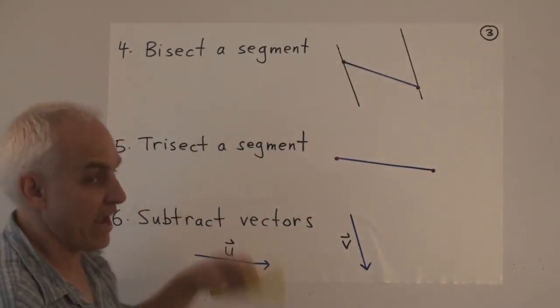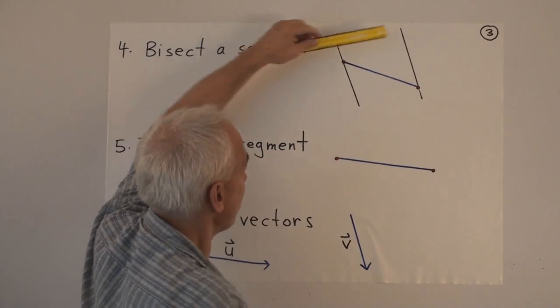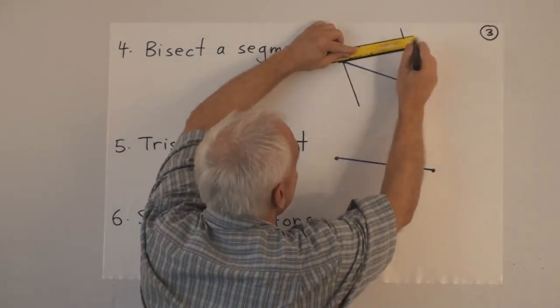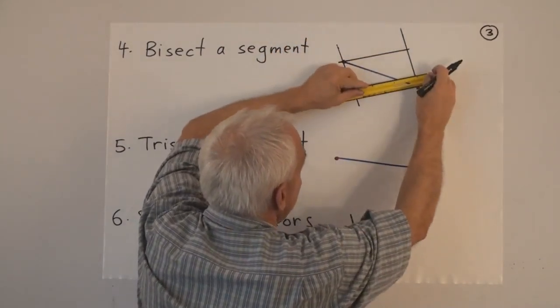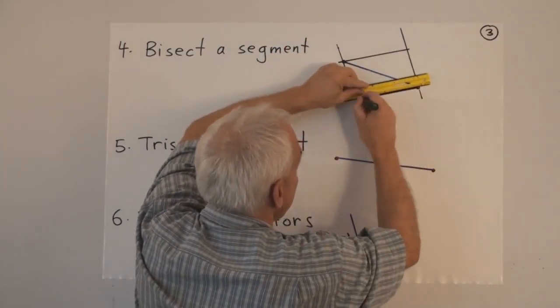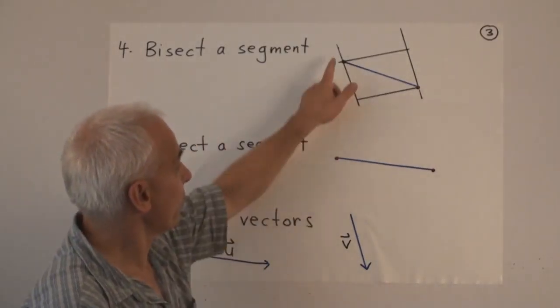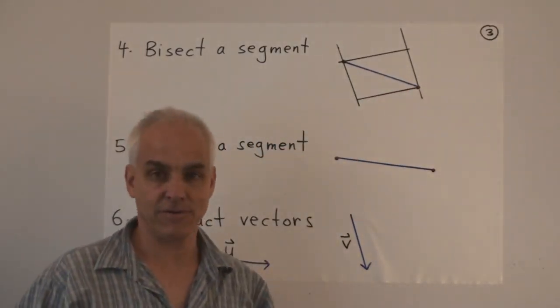And then we can choose any other line through the first point. Let's say that one there. And parallel to it, a line through the second point. So we've created a parallelogram so that the original vector is a diagonal.